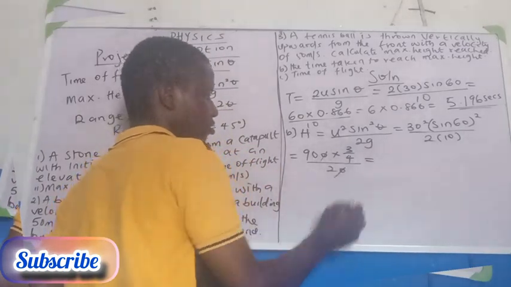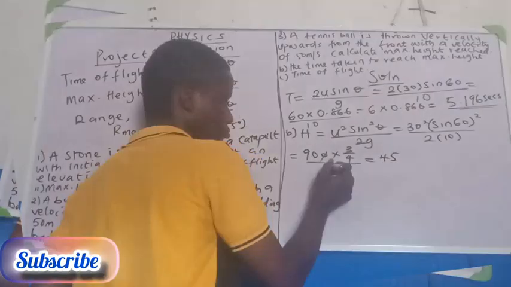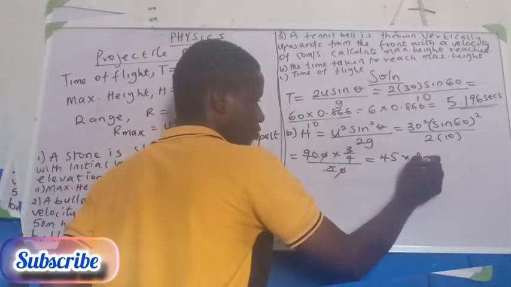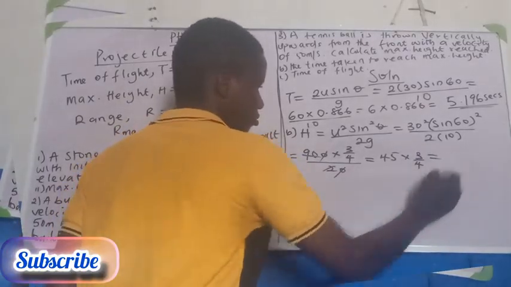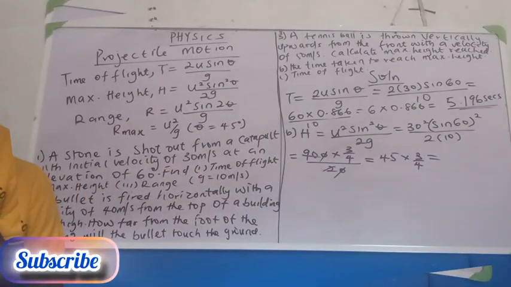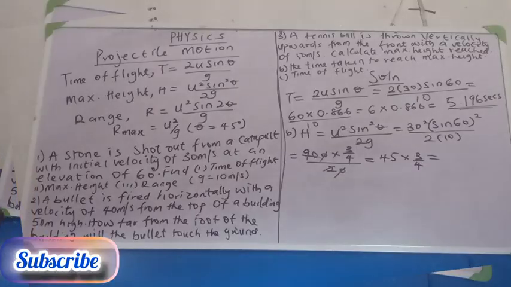So this cancels, and you have 45 times 3 over 4. Nice. The answer is 33.75.